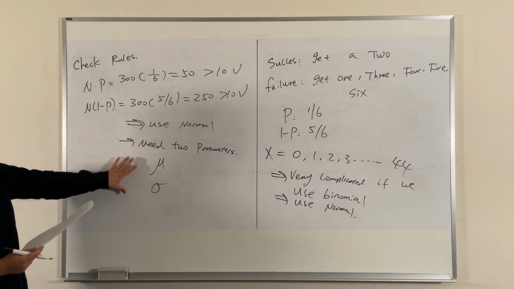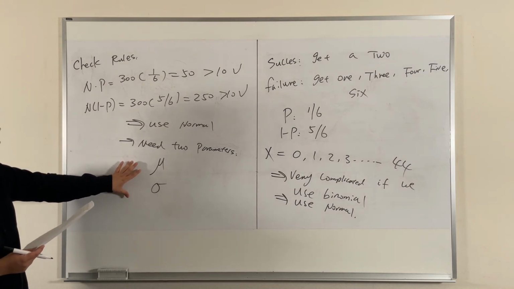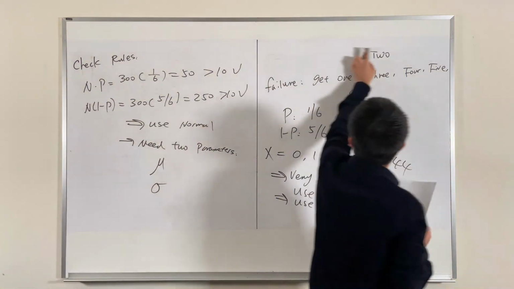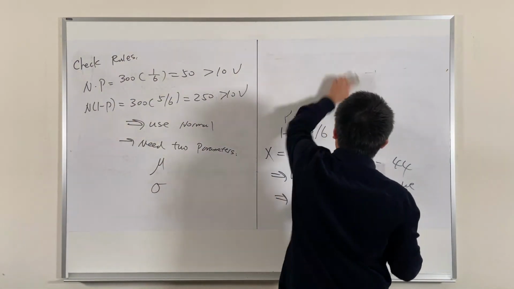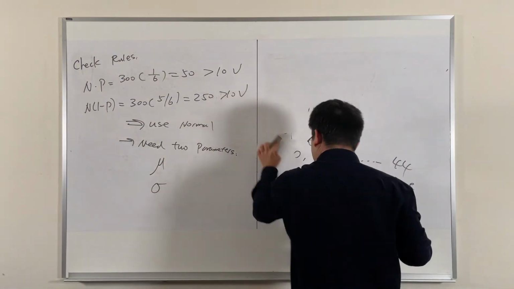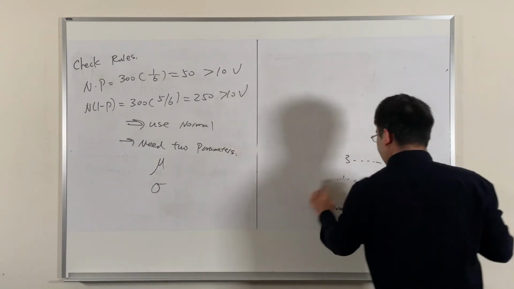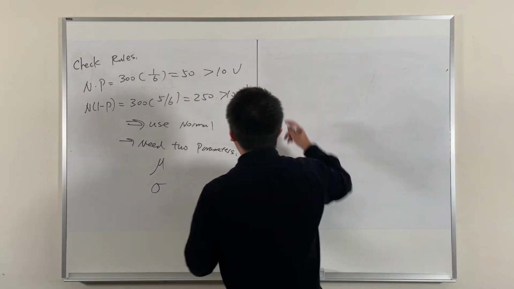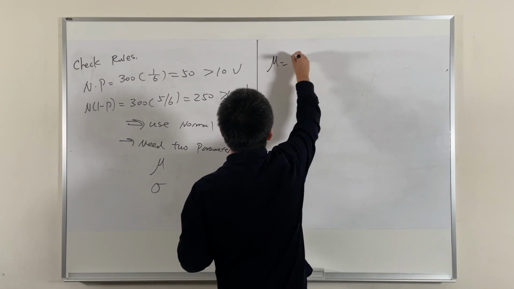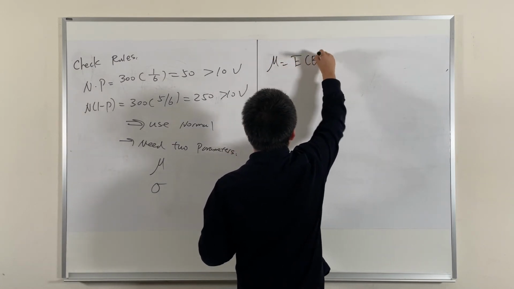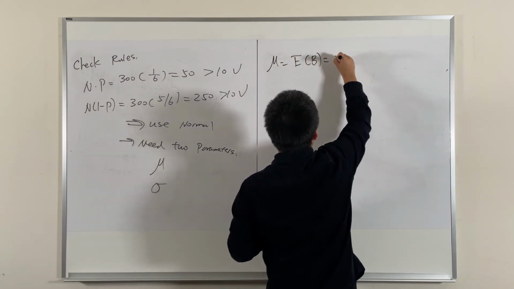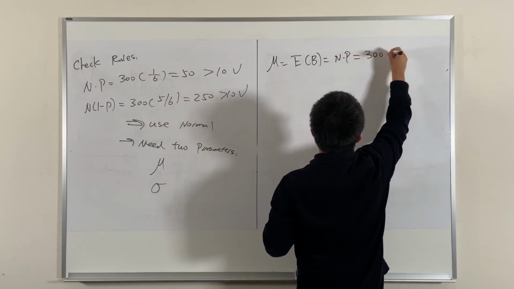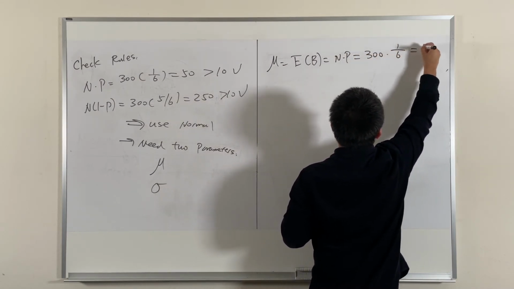The formulas for the mean and the standard deviation are as follows. Mu, the expected value of the binomial, equals n times p, which equals 300 times 1/6, that's 50.